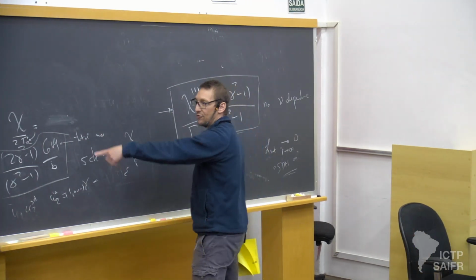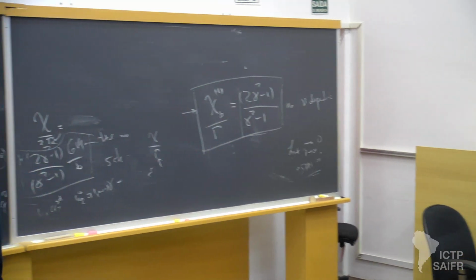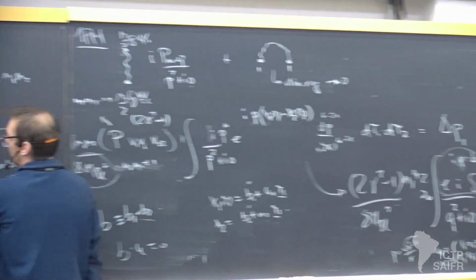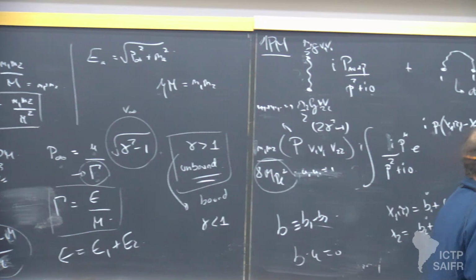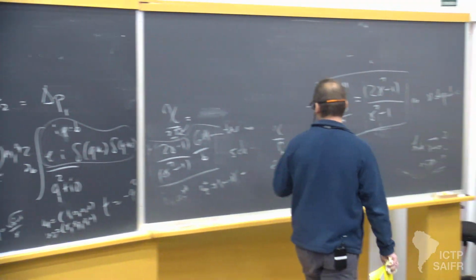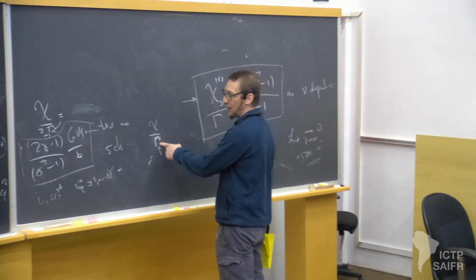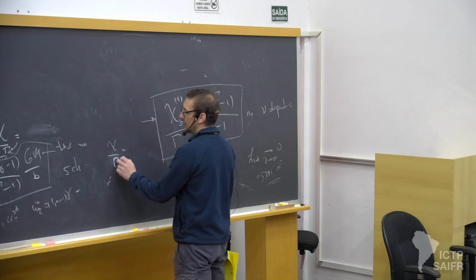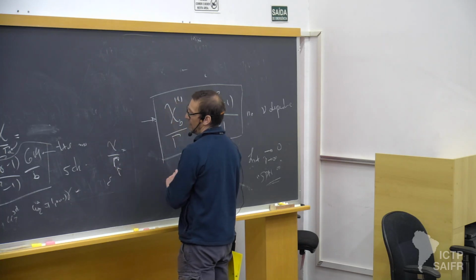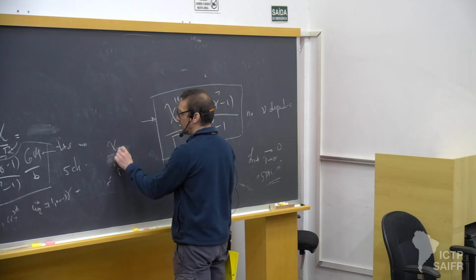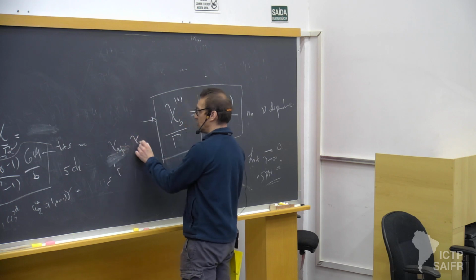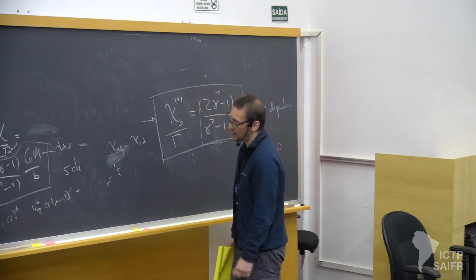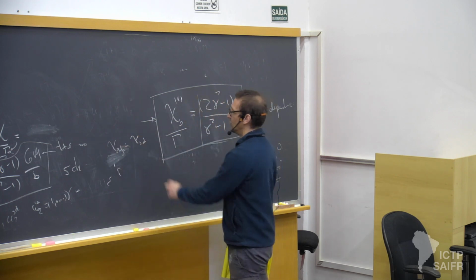I know that it came from the only difference between the P infinity in a test body and a two body is this guy. Therefore, I can predict from Schwarzschild, just by dividing by gamma, which is the total energy, that essentially the two body case will be chi Schwarzschild, exactly the same, multiplied by gamma.